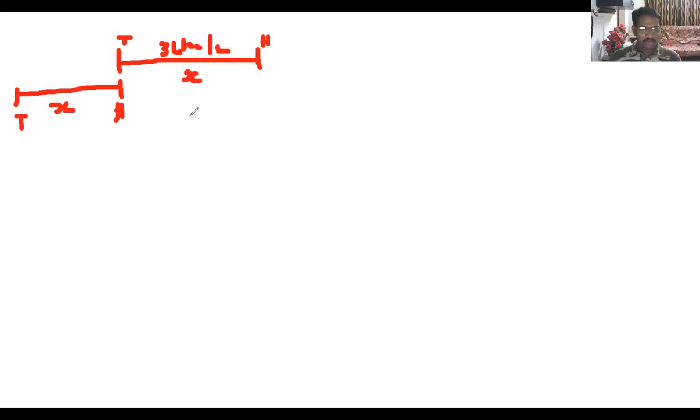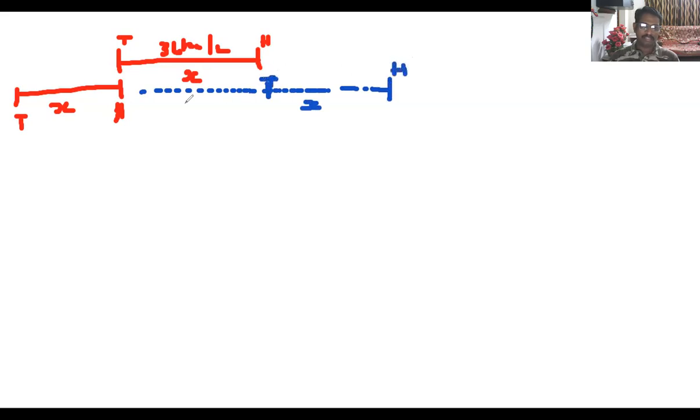Now, in that case, what will be the total length? After some time, the faster train will overtake the other one. It will keep moving like this, with the head, the engine, moving in front, and then the tail. Once the complete train overtakes the other train, that is x distance completely, the tail is here and the head is here of the faster train.